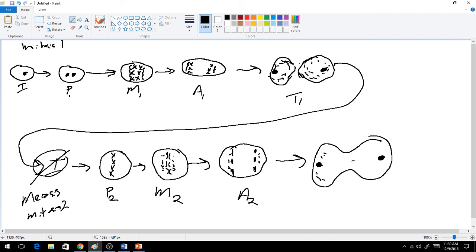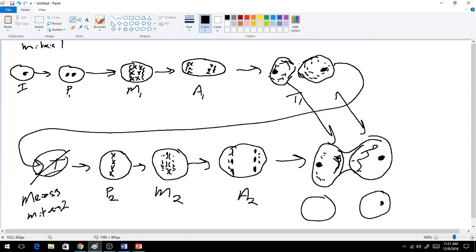We've got our organelles, we've got our cytoplasm, and eventually, now again, this is going to happen for each of these guys. So we're going to end up with 4 cells, each carrying a half load of DNA.